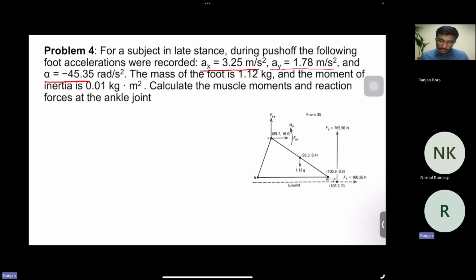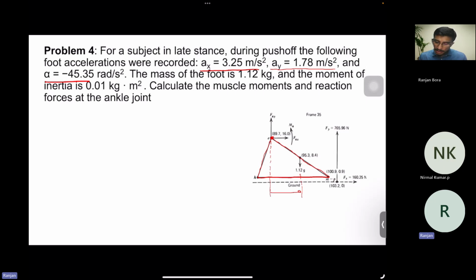So this is the foot. The triangle-shaped object represents a foot, and this A is the ankle joint. First we'll need these distances from the ankle joint to the center of gravity of the foot.